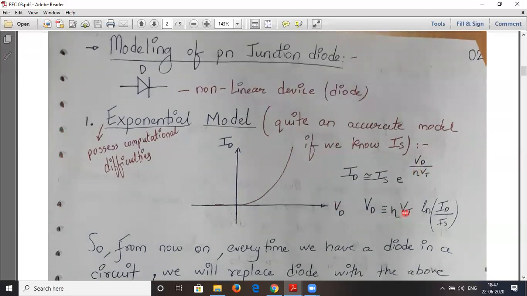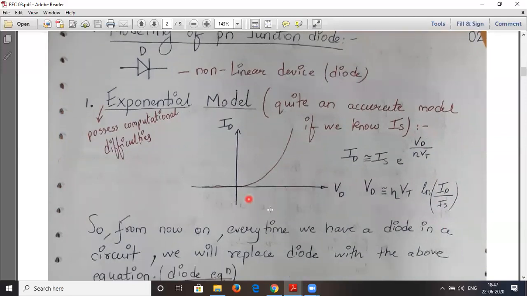If I know the value of IS, and if I know the value of the diode current, I can find the voltage across it. We can do the other way around also. If we know the voltage across the diode and we know the reverse saturation current, we can find the current through the diode. Every time we have a diode in a circuit, we have to replace the diode with the above equation.